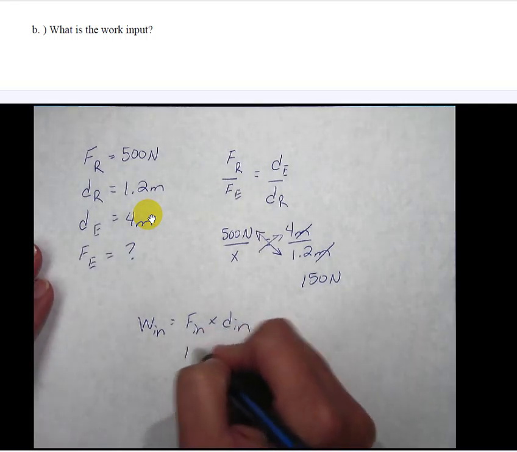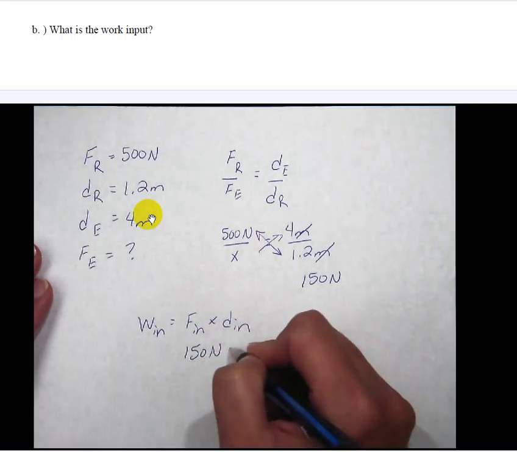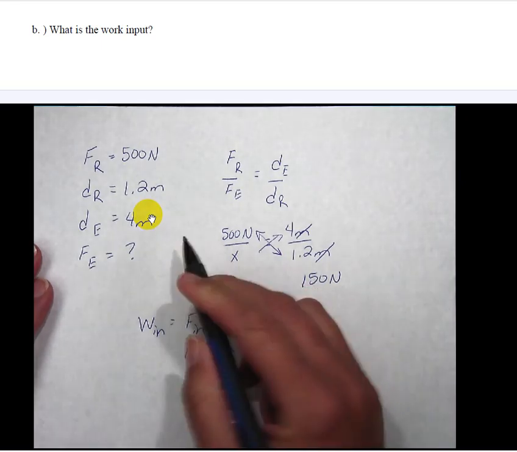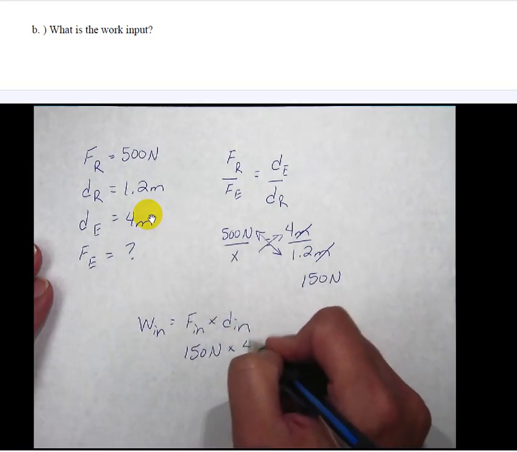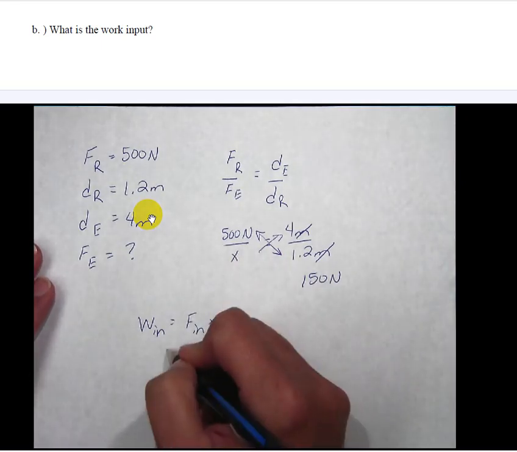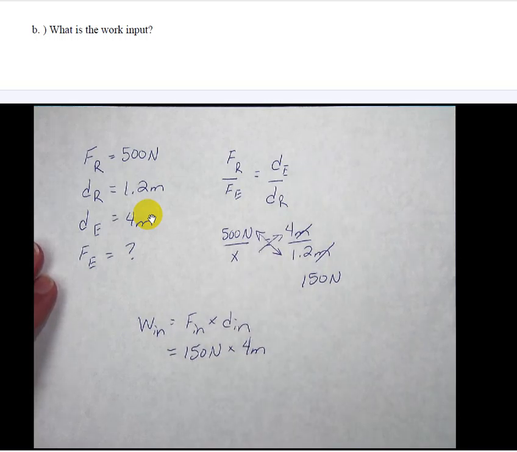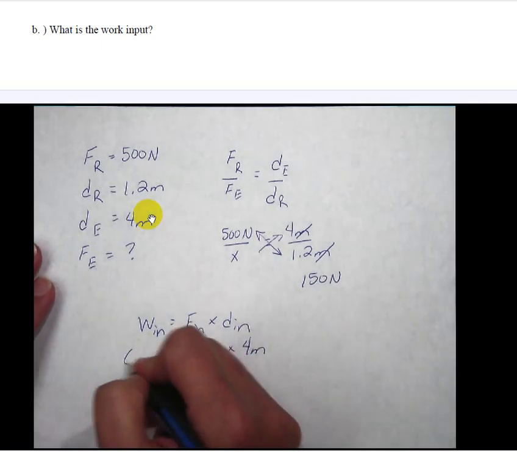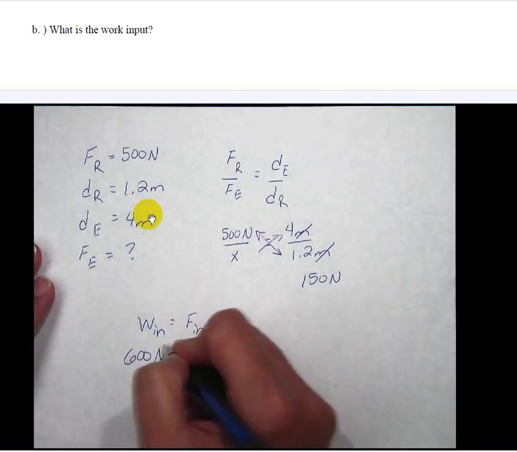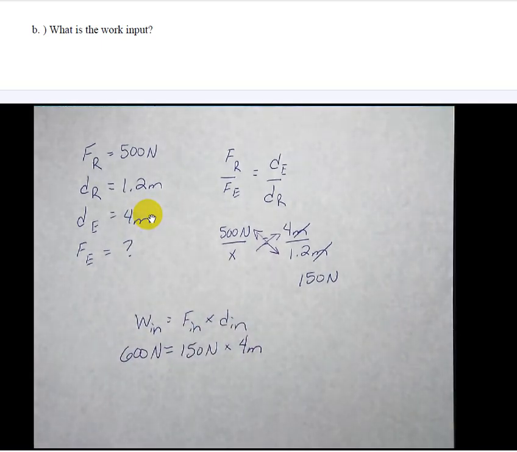So it's 150 newtons times the distance of my effort, 4 meters. 150 times 4 equals 600. That is how much work was put in.